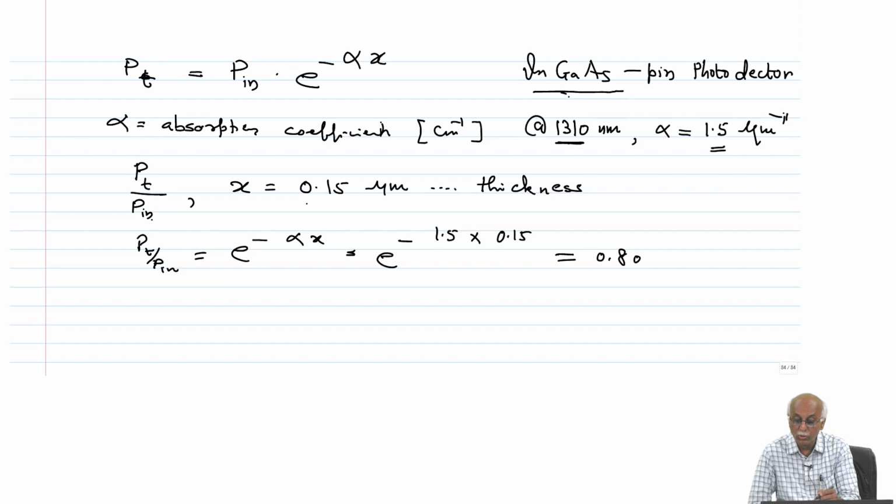So, we will be able to estimate the depth of penetration based on this simple approach. Still, we can have a little longer depletion length, so that even more absorption is possible. The more photons get absorbed, the more electrons will be freed.